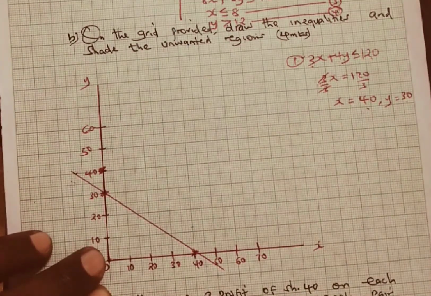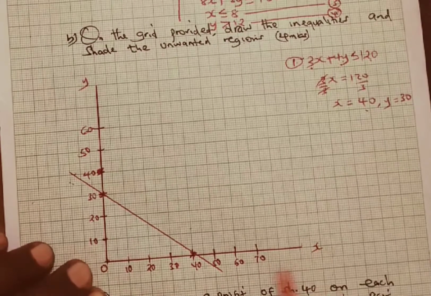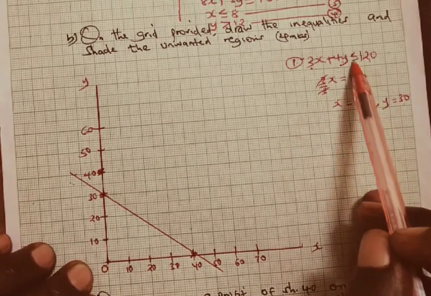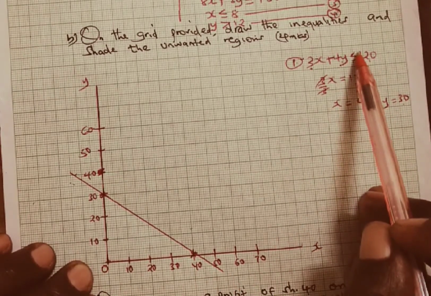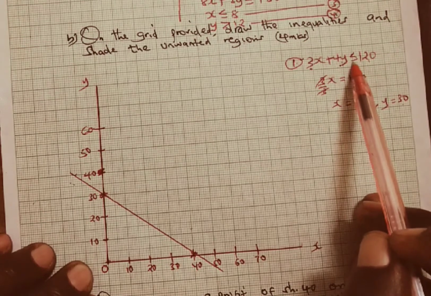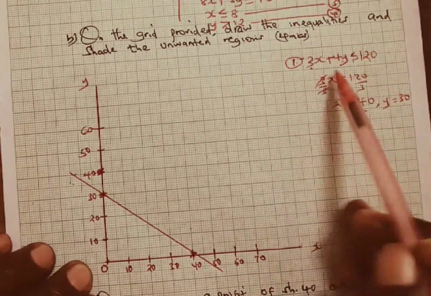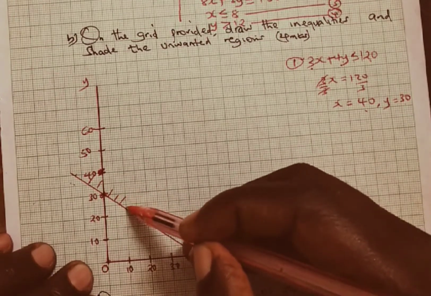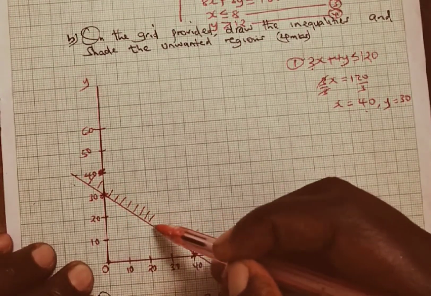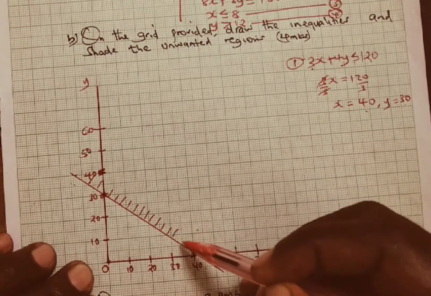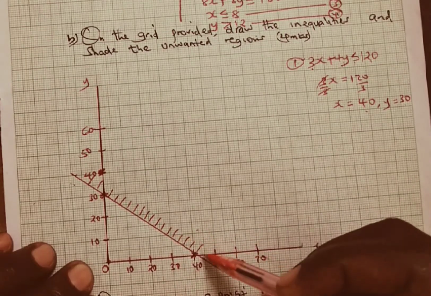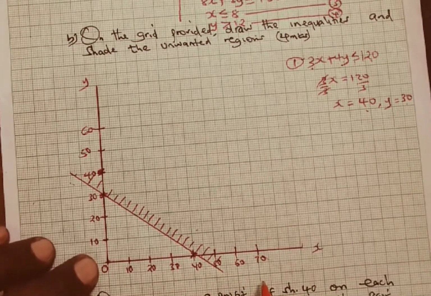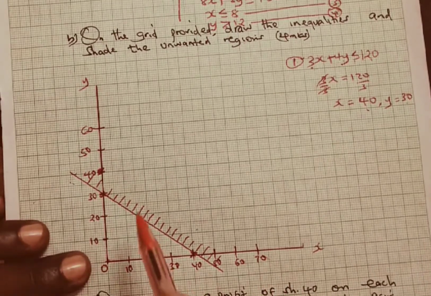Once you have drawn this line, look at the inequality symbol. The inequality symbol is less or equal to, meaning what we need is below the line. So we are going to shade this upper region here, because what we need is below this line. And by so doing, you would have represented this.